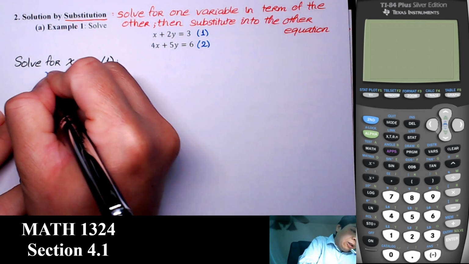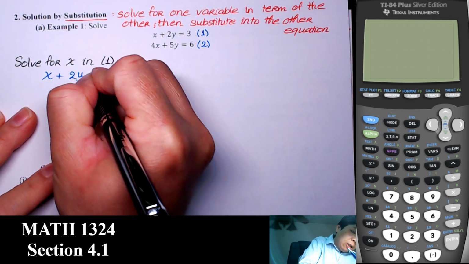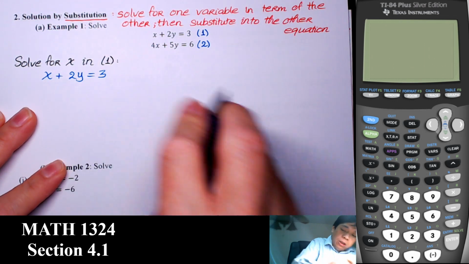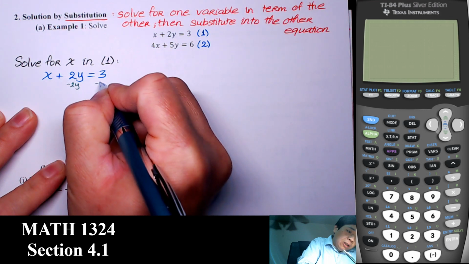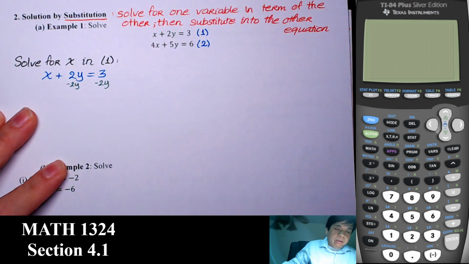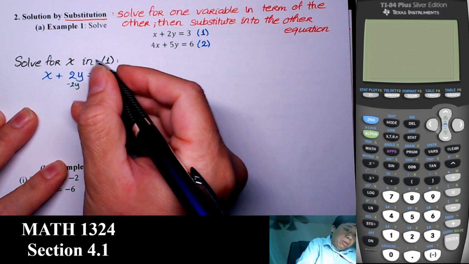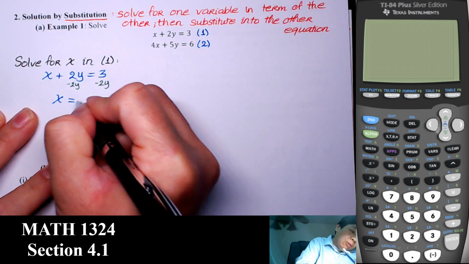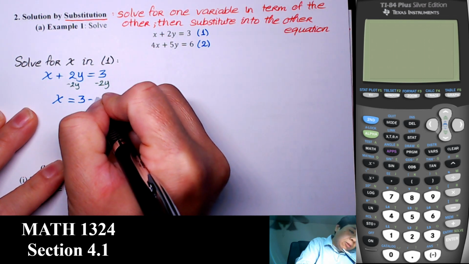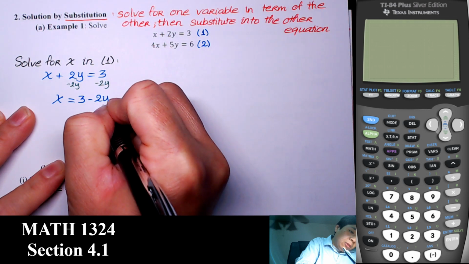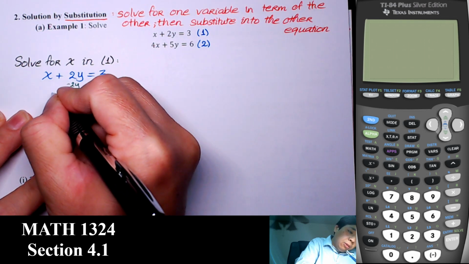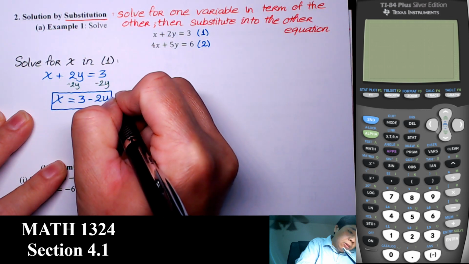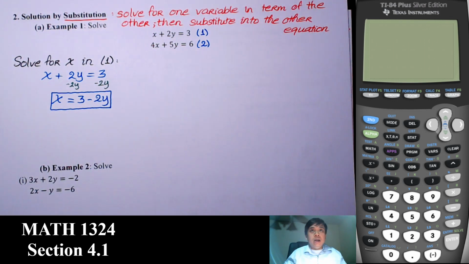So x plus 2y equal to 3. So minus 2y. So we have x equal to 3 minus 2y. Then we can substitute that into equation number 2.